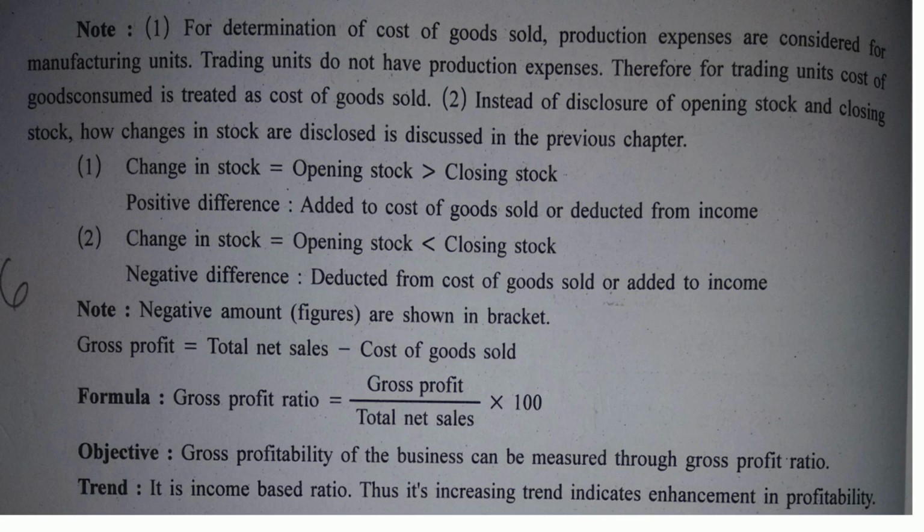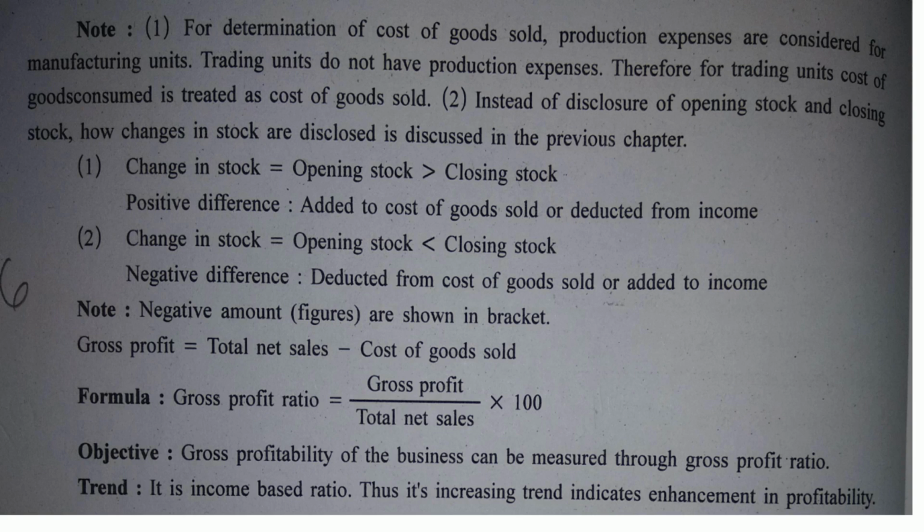The formula is given just before the formula of gross profit ratio. It says gross profit equals total net sales minus cost of goods sold.